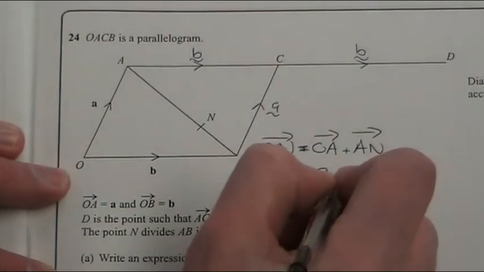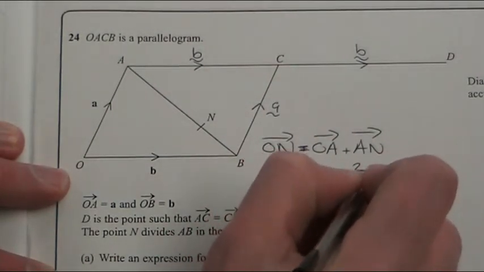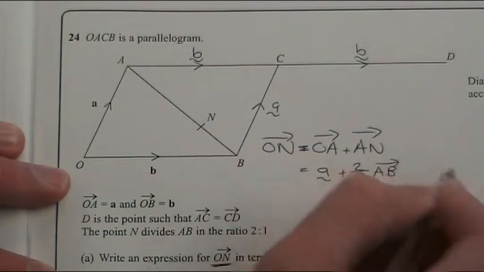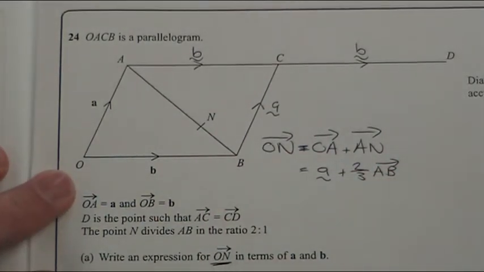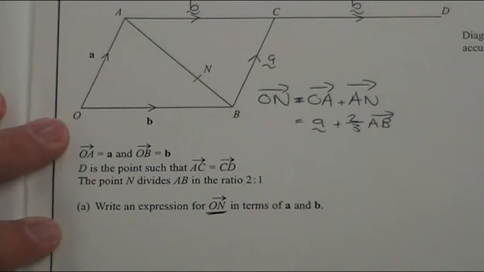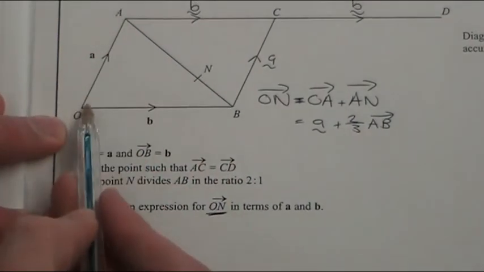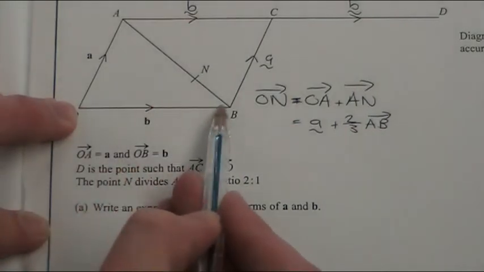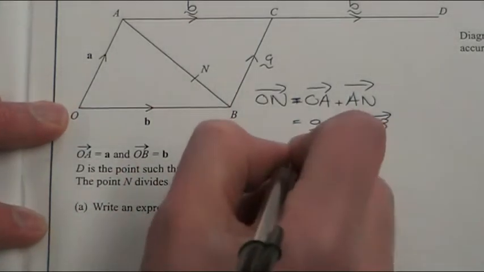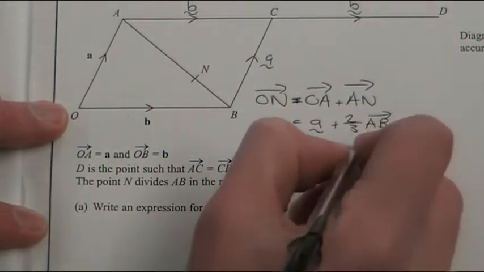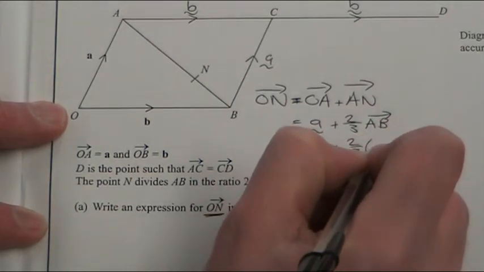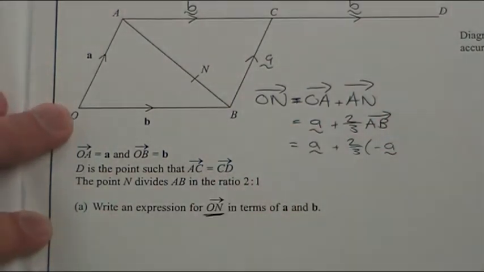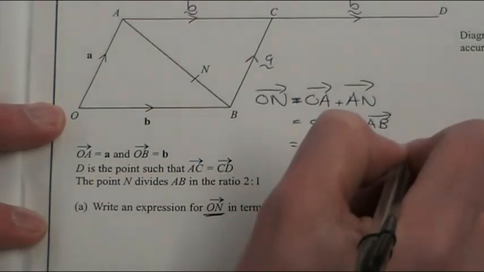So I'm going to say it's 2/3 of AB. And I know what AB is. A to B is coming down against this vector, so that's a negative A, and then going with this vector to B. So it's A plus 2/3 of negative A, and then with the B.